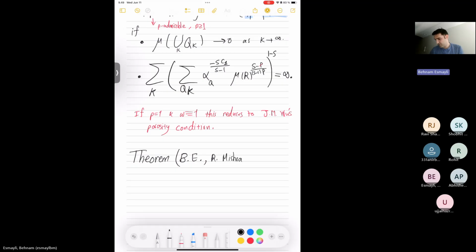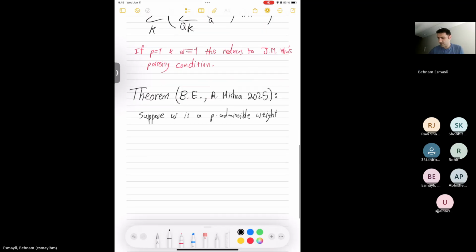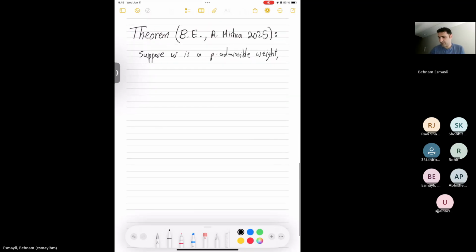So indeed, if you have this condition, this we just put out in May, is that suppose W is a P admissible weight. P, remember, is always bigger than 1 on R^n, n bigger than or equal to 2.